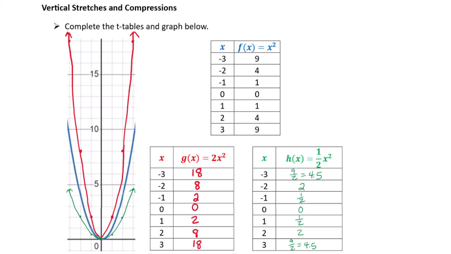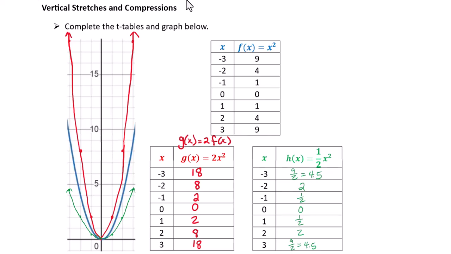It appears that for the same x values, in other words, the same width of points that we put into these graphs, we have stretched or compressed. For the red graph, we are growing twice as fast. In other words, g of x, let me put this in the right color, g of x is equal to twice the y that we had before.